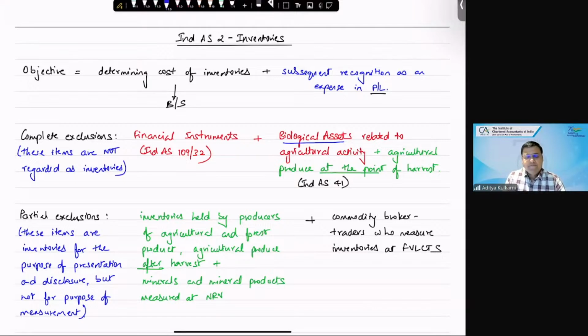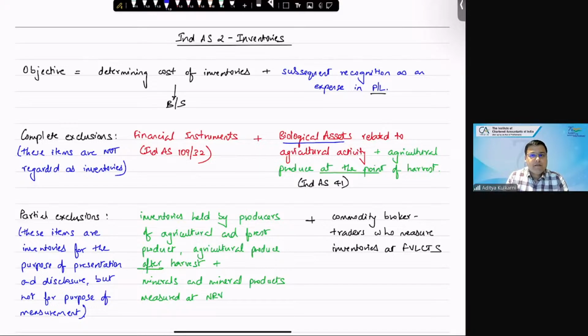See, ideally, you would be measuring your inventory at cost. And cost would mean all purchase prices plus taxes, etc. We are going to see that in the coming session. But what about a calf? How are you going to attribute the cost to the newly born calf? You cannot.